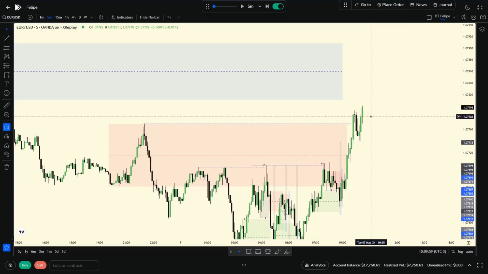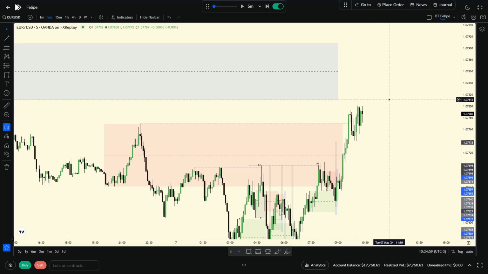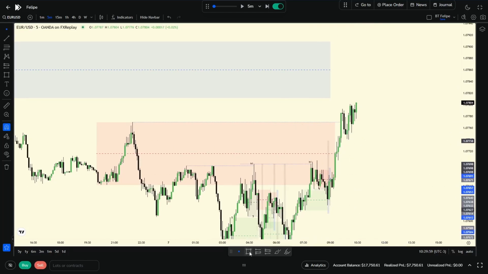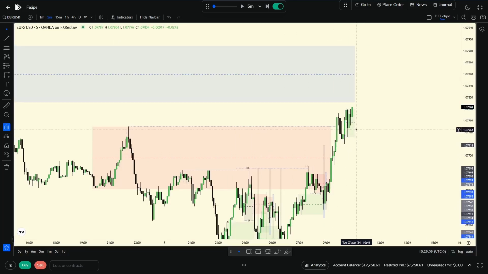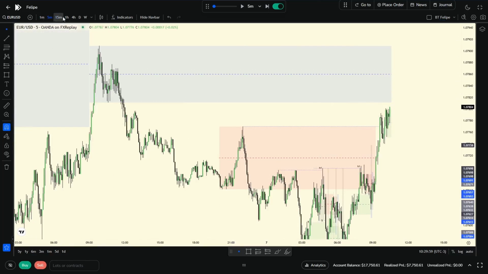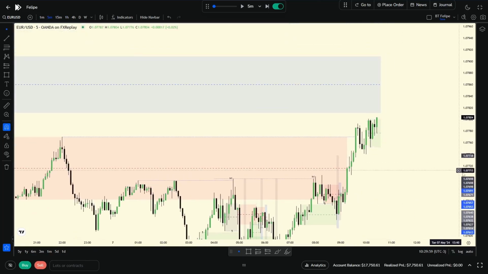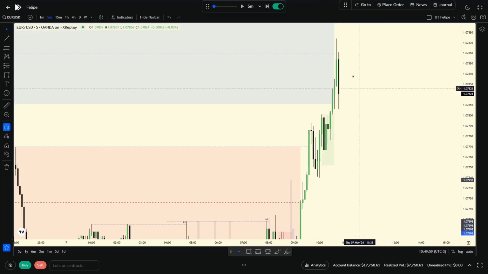Can't long and can't short. Can't long yet. Now you can if price comes back here. The only problem is this. Can long. Let's see. Tap the imbalance.